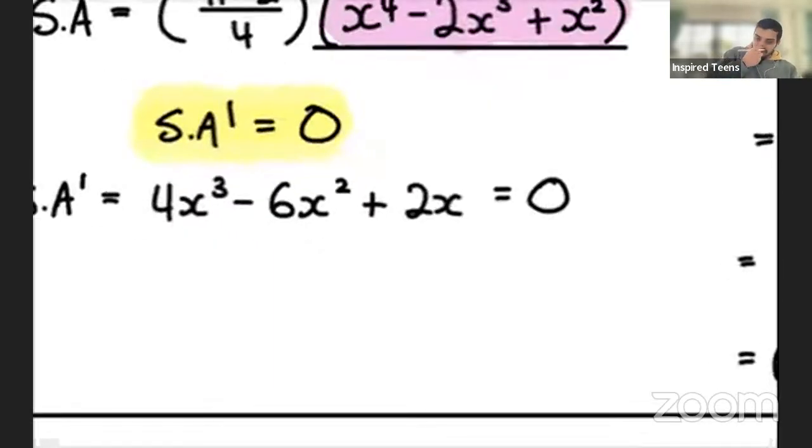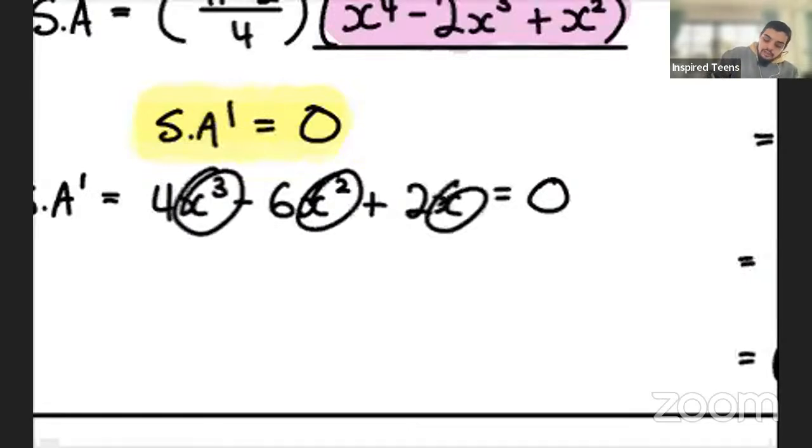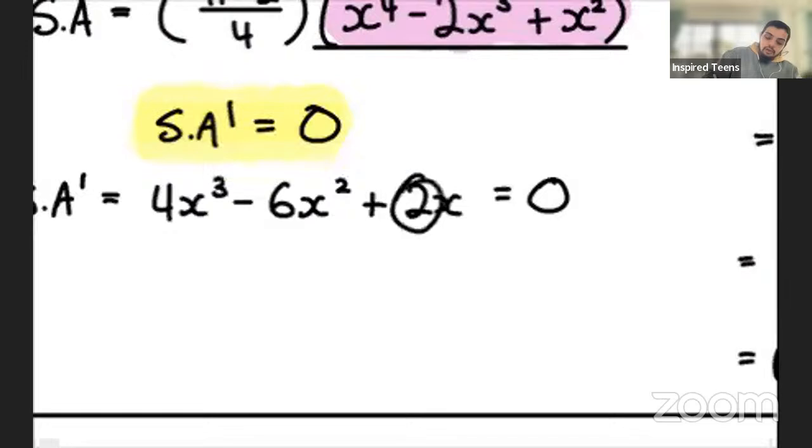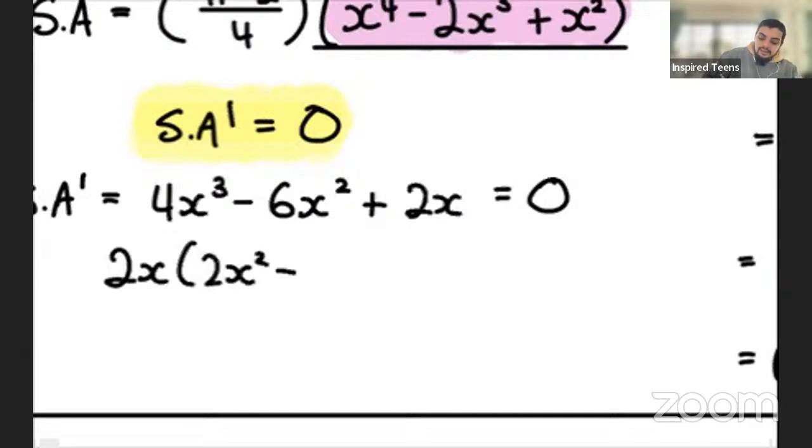Now we need to solve for x, so we can factorize. We don't have to do the cubic factorization method, because we can just take a common factor of at least one x in each term, as well as, if we look at the coefficients, we can take out 2 because 2 can go into all of them. 2x is a common factor. Then we're left with 2x squared minus 3x plus 2 still equal to 0.